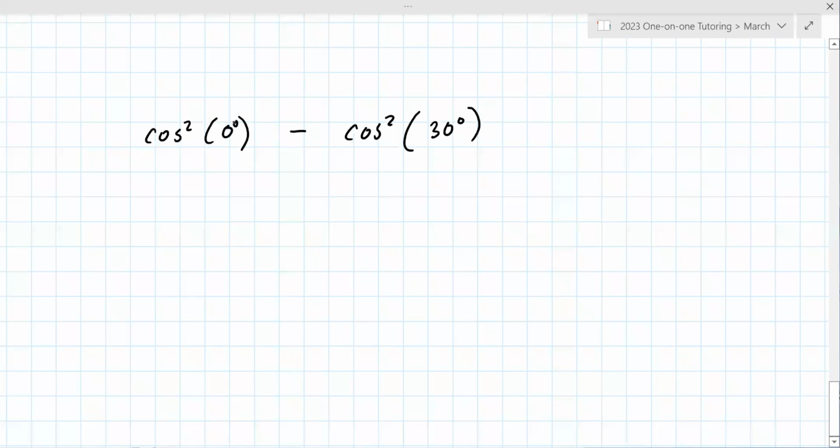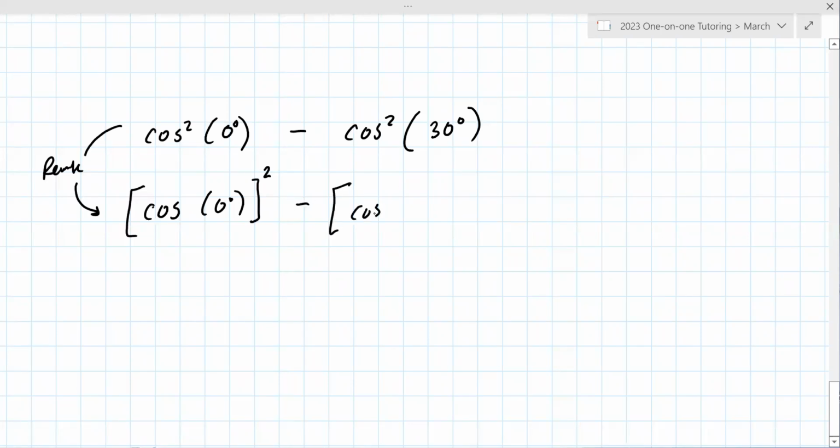To do a problem like this one, you first have to get the value of cosine at 0, and then the square is really on the outside. This is a rewrite step, but on the test it would be presented at the top. You first find the cosine of 0 and then square it. Same thing over here, cosine of 30 degrees and then square it.